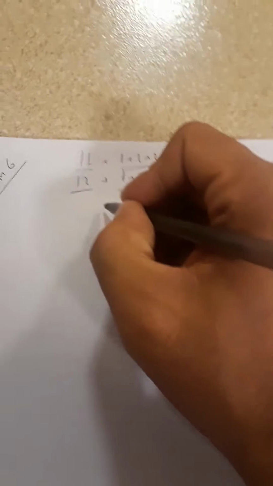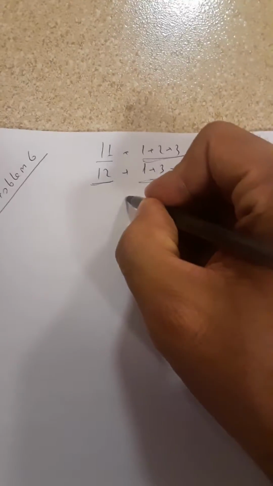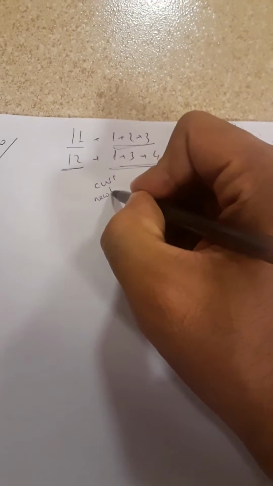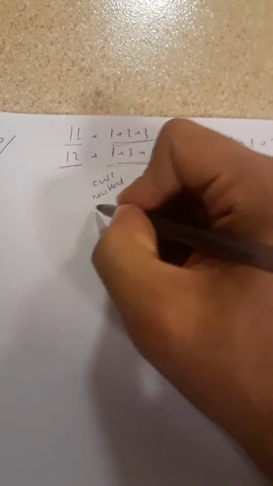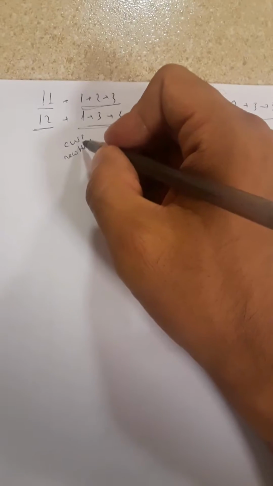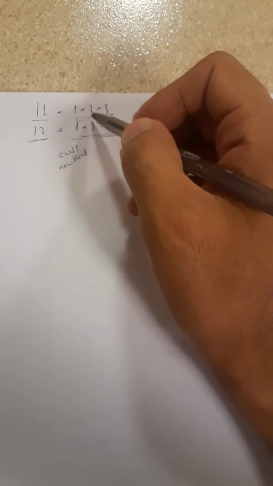First of all, we'll declare two node pointers, current and new head. New head will be used just to return at the end of our function. Current will be used just to traverse through all nodes of these two linked lists.